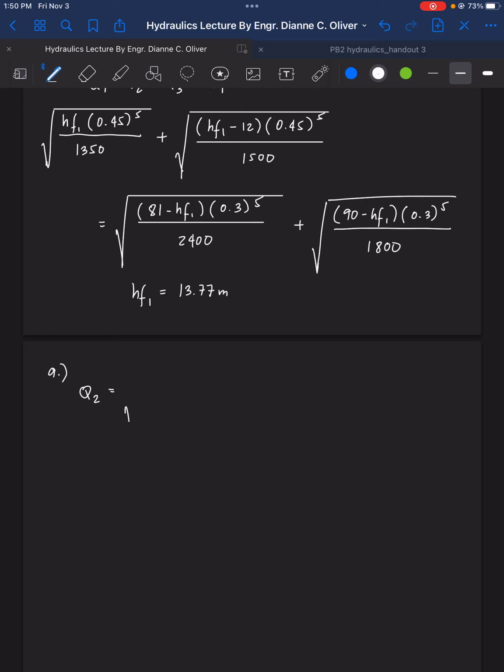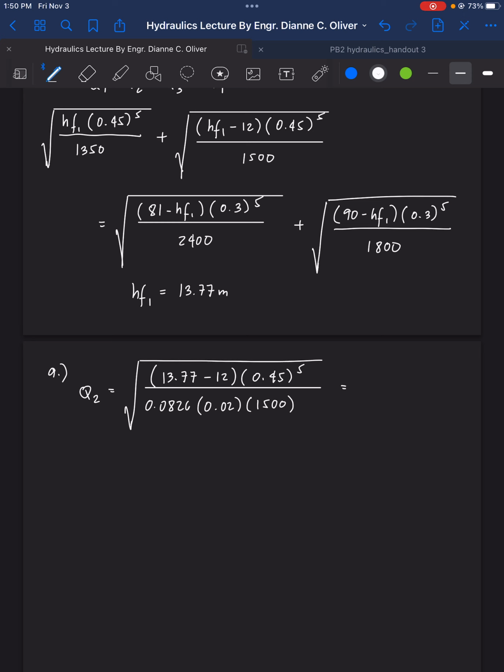So Q2 is equal to square root of HF1, 13.77 minus 12 times 0.45 raised to 5 all over 0.0826 times 0.02 times 1/5.